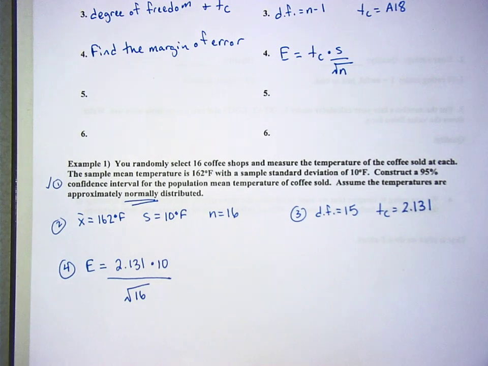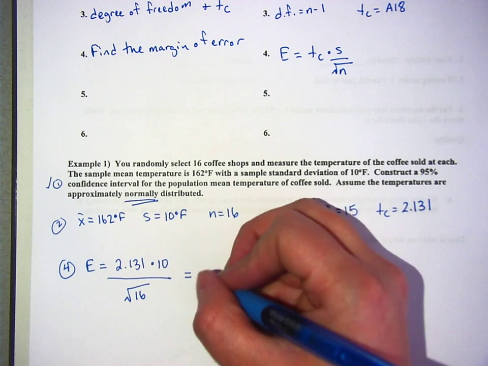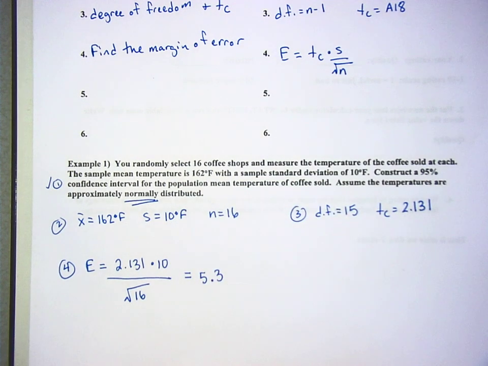Go ahead and put that in your calculator. What'd you get? 5.3275. Yep. We'll use 5.3 for right now.